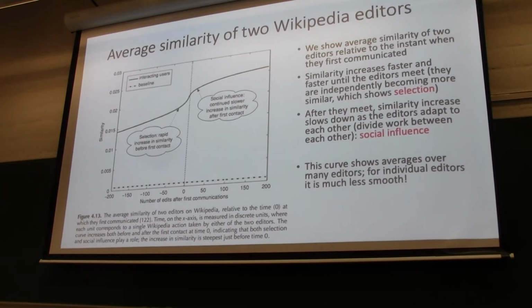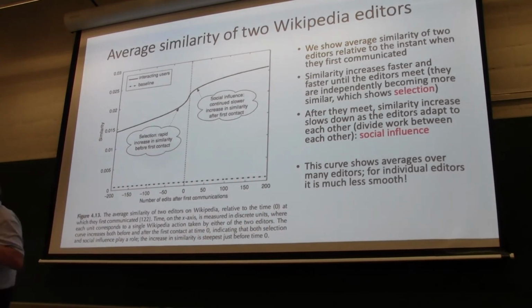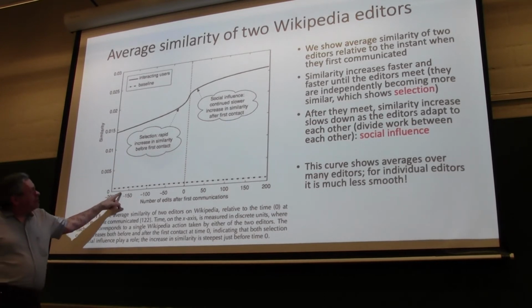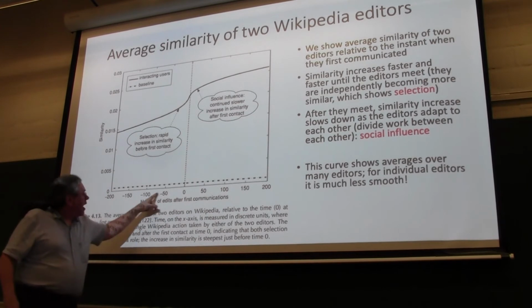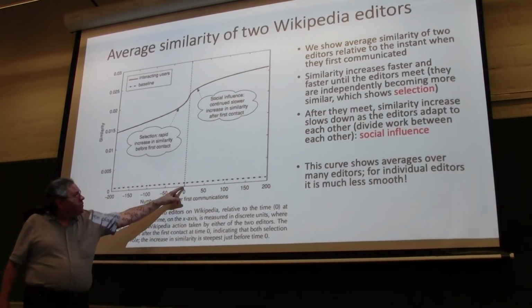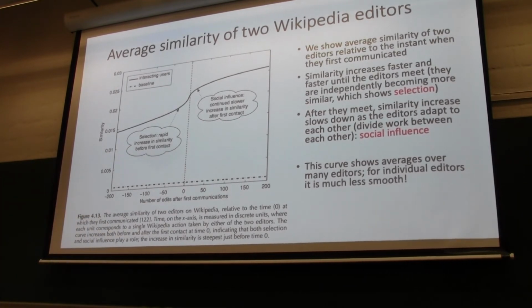So here is the graph that this study came up with. This is a very interesting graph. Let me explain first how the graph is made. On the horizontal axis, 0 is when two editors first meet, that means the first time one of the editors is on the talk page of the other.